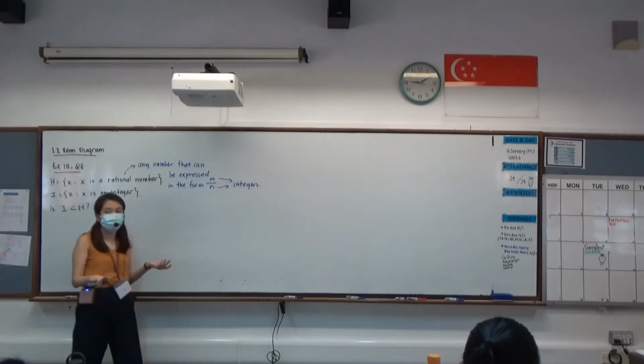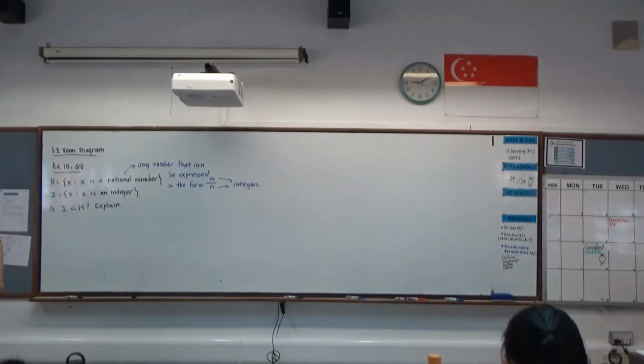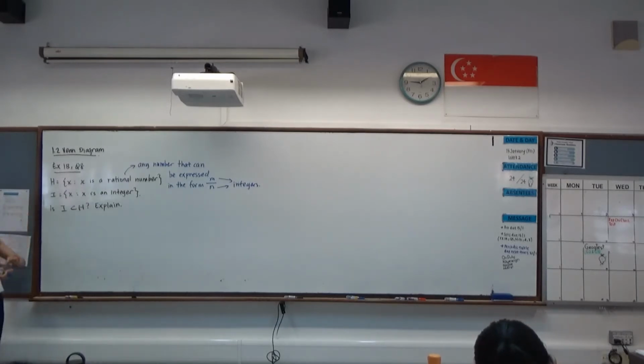So we don't have decimals in the fraction itself. So that is what we see as a rational number.